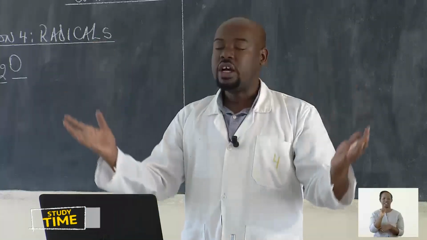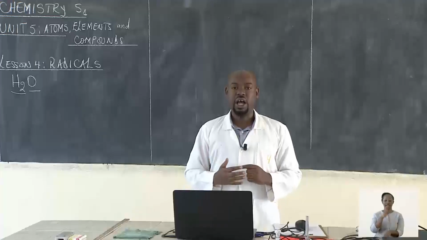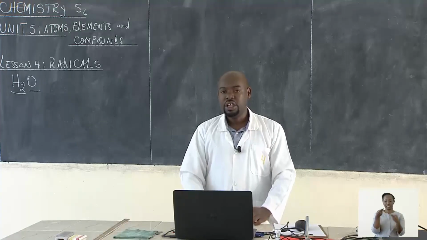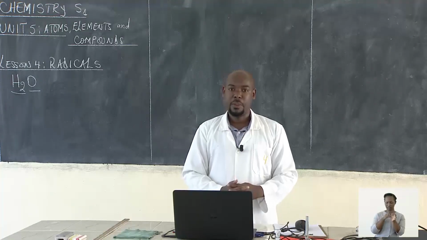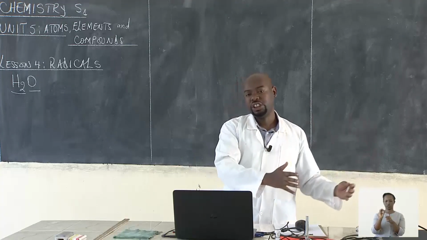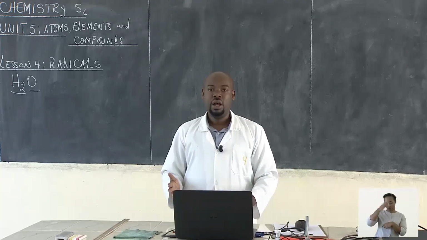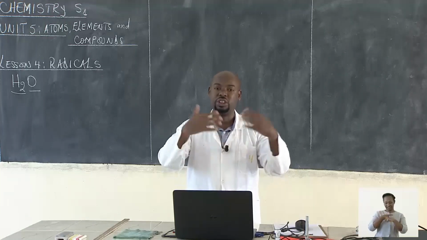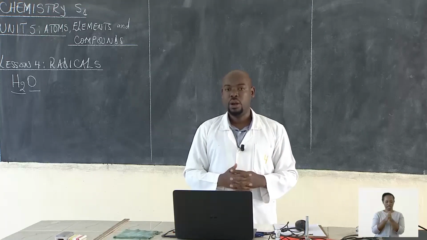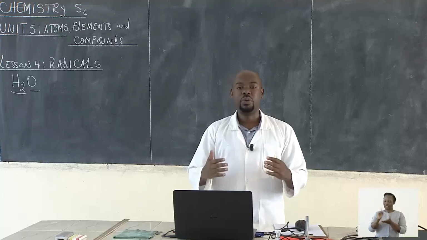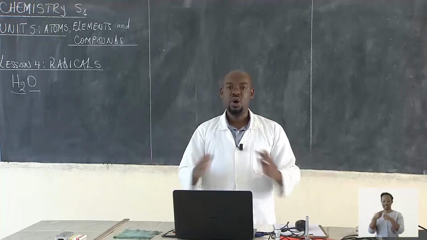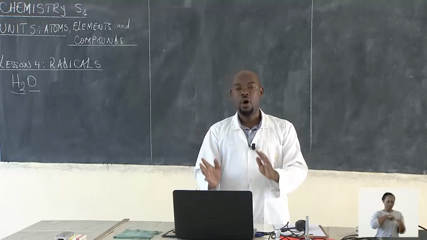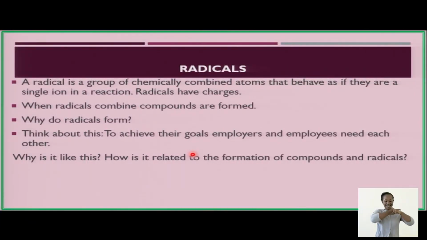So when a reaction is taking place, and what do we mean by a reaction? It is a chemical change. We know the physical changes and the chemical changes. The difference is that the nature of matter is not changed in a physical change. But with a chemical change, we produce new substances, which are totally different from the substances we started with.